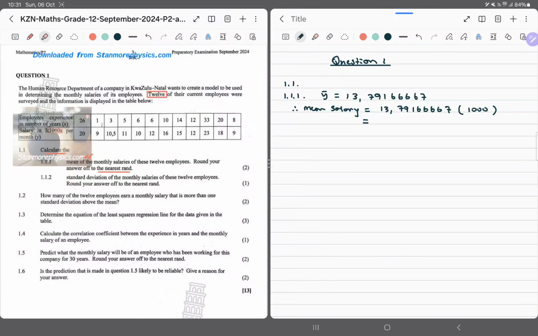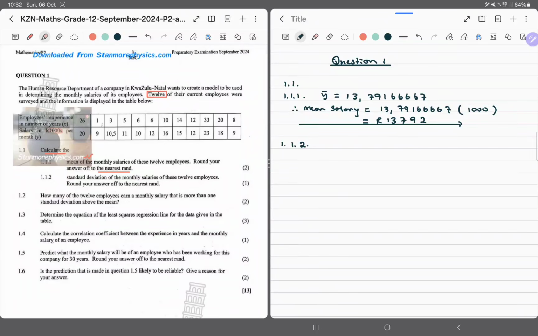Okay, so this is going to be in rands, so just multiply that by 1000. So I'm getting 13,791,666.7, and the nearest is going to be 13,792 rands. So we round off in the final answer. Be very careful, guys.